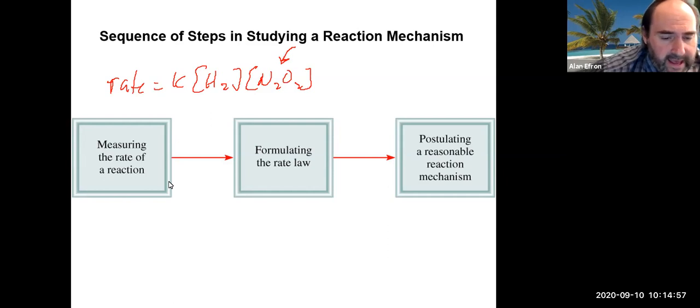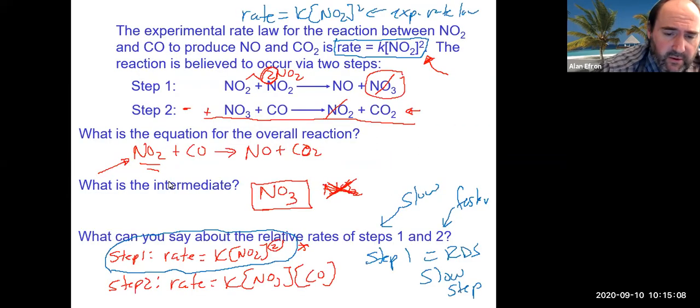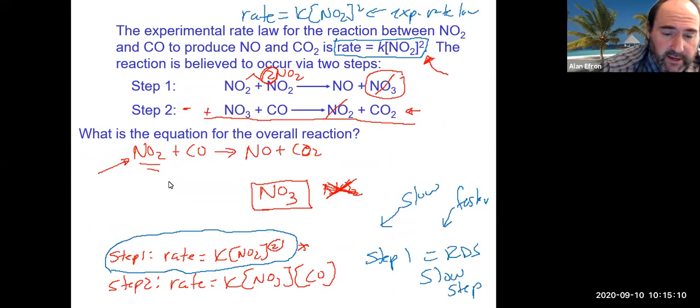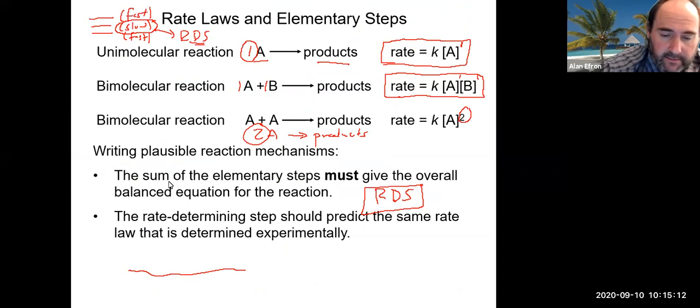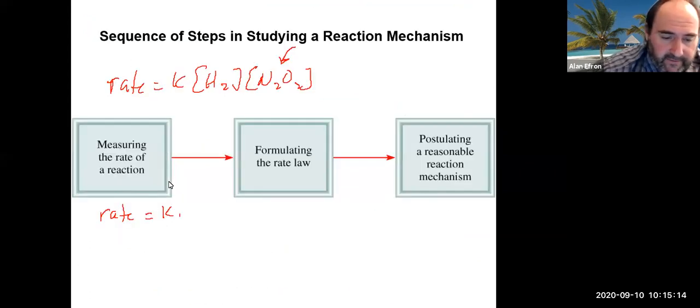And what we had for the first step was that the rate was K times the NO squared. So for the first step there, we had NO squared, and that was for the forward direction.